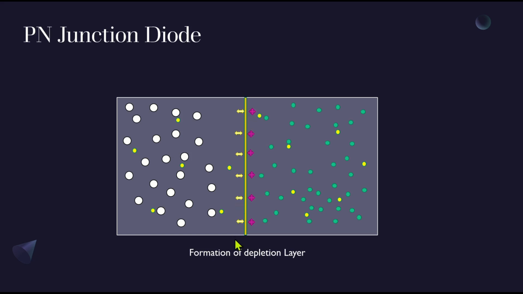This layer is formed by negative charge ions, and on the right-hand side we have positive charge ions. Since we have positive charge ions, the holes cannot move in this direction, as they will repel. Similarly, as we have the negative charge ions, the electrons also cannot move across the junction, as they will repel. This creates a layer which we call the depletion layer.